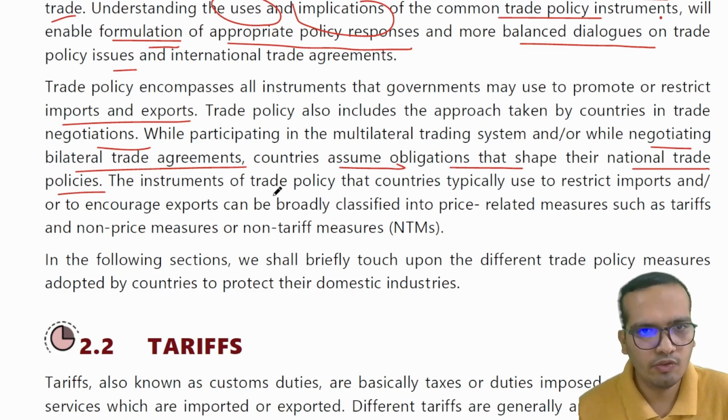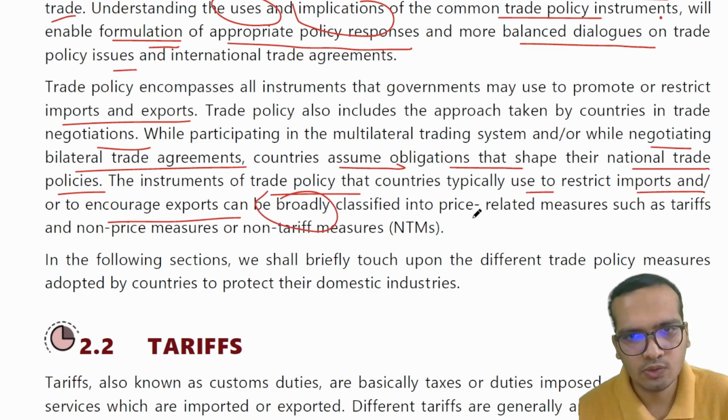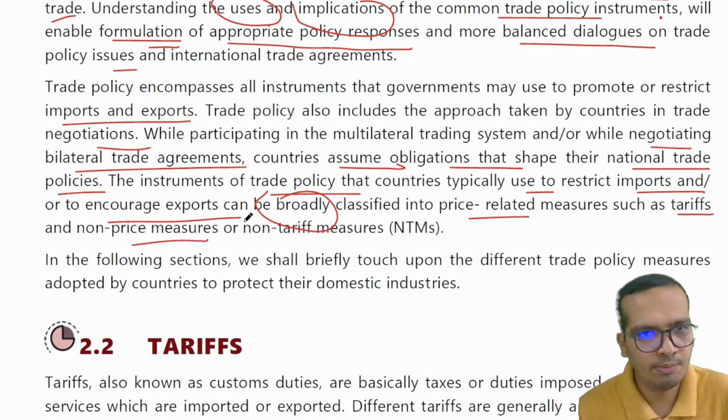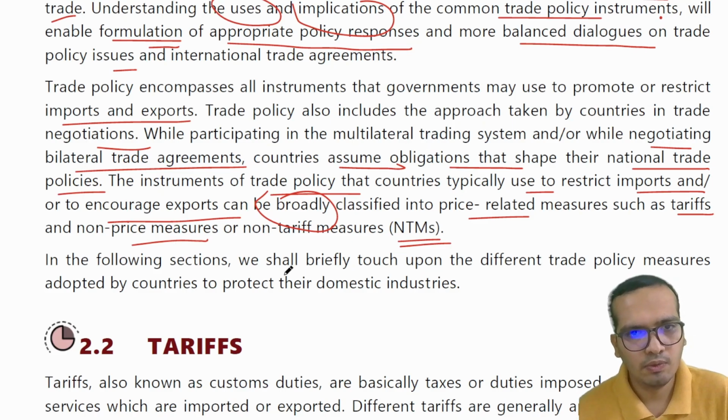The instruments of trade policy that countries typically use to restrict imports and or to encourage exports can be broadly classified into price-related measures such as tariffs and non-price measures or non-tariff measures (NTMs). In the following section, we shall briefly touch upon the different trade policy measures adopted by countries to protect their domestic industries.